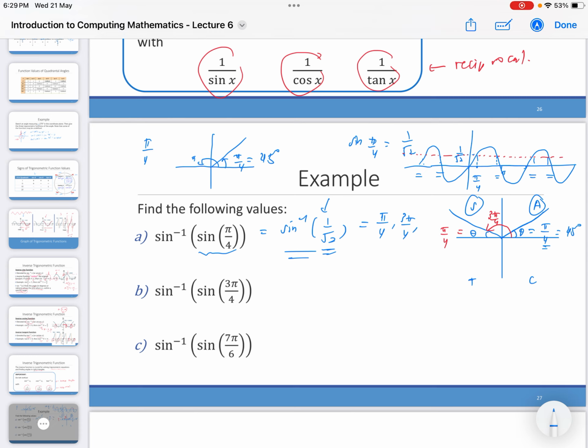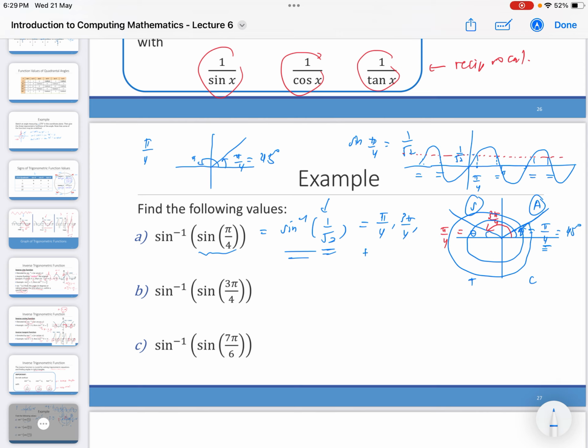And since the range is not mentioned, we have to give all the co-terminal angles. For example, for pi over 4, we have pi over 4, then another rotation which is plus 2 pi, and another plus 4 pi, and so on.